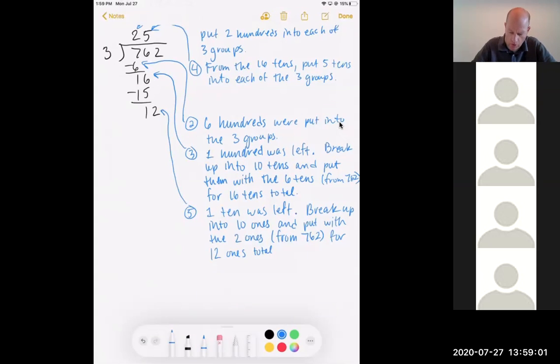We have 12 ones total to distribute among the 3 groups. Okay. So that's what step number 6 is here. We need to distribute them from 12 ones. Put 4 ones into each of the 3 groups.